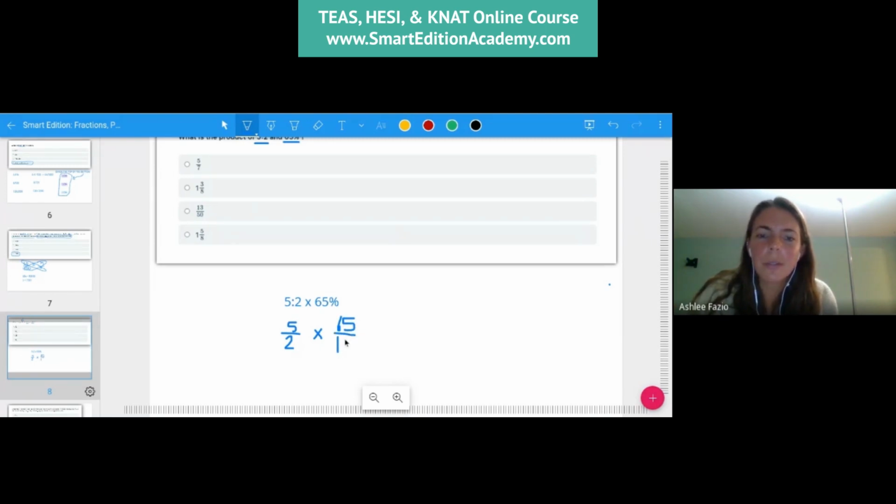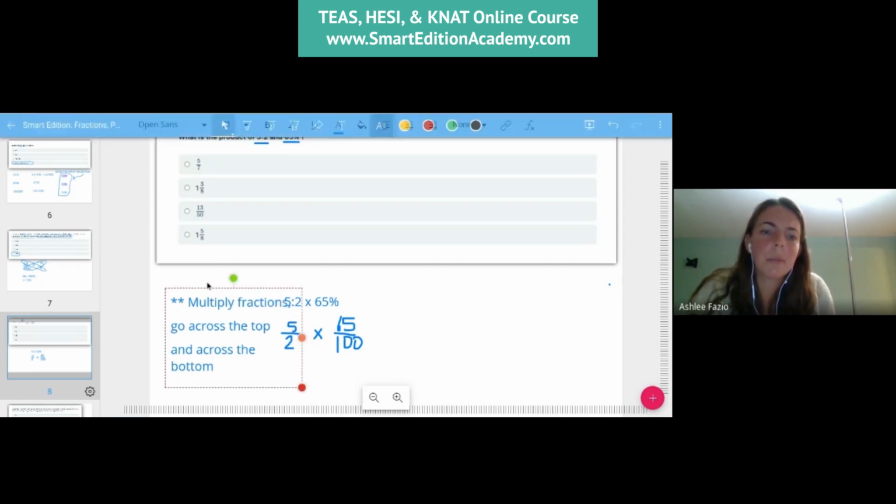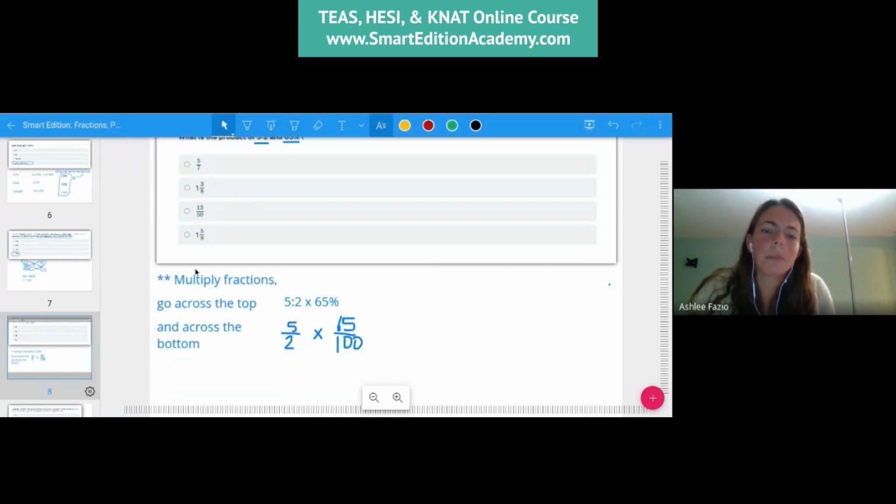So multiplying fractions, a little reminder here: you just go across the top and across the bottom. What I mean by that is multiply the top numbers times the top numbers and the bottom numbers times the bottom numbers. And again, I'm going to show you a little trick here.